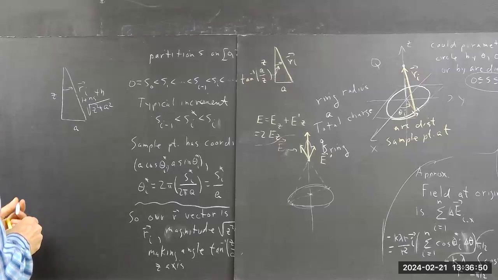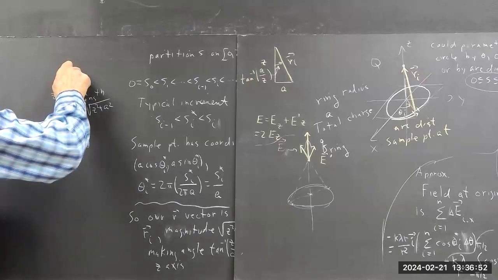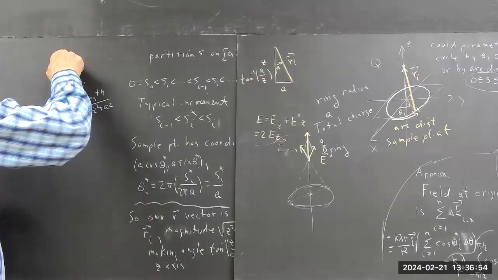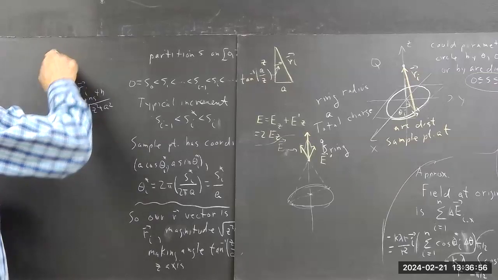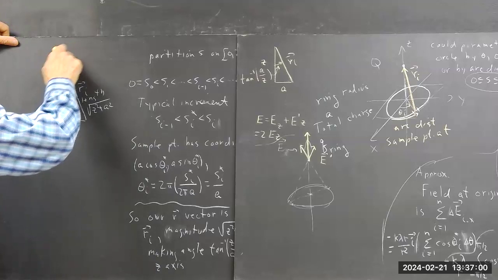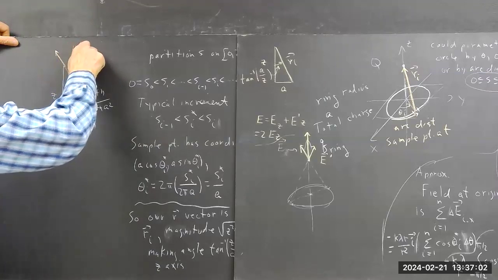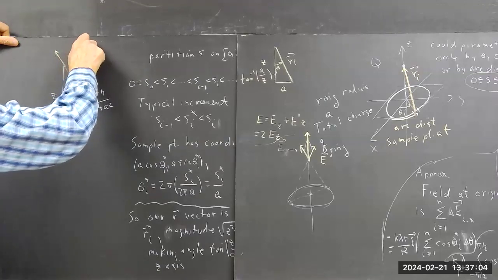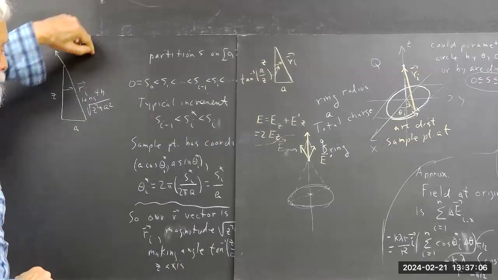And it's going to give us a vector up here of delta E i.